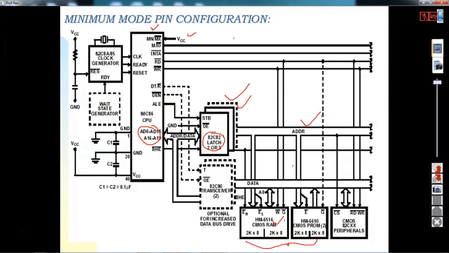That means 2 RAM chips need to be connected for 8086. That is the advantage of segmenting memory into even bank and odd bank, because within a clock cycle you can get a word. So here you have 2 RAM ICs, and then here you can have one PROM.